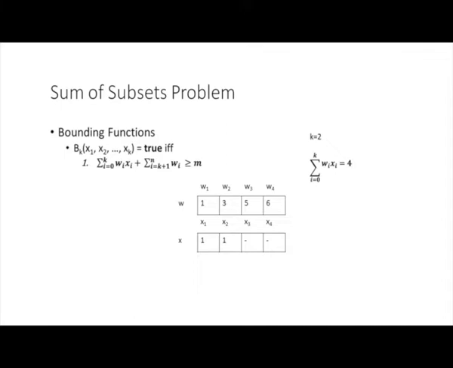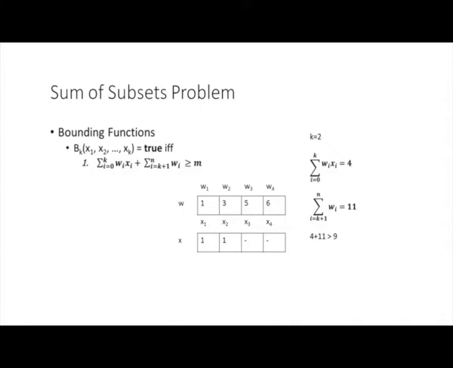So, the sum of the weights so far from 0 to k is 4, because 3 plus 1 is equal to 4, plus this summation, which is the sum of all the remaining weights, from k plus 1 to n, which is equal to 11 in this case, has to be greater than or equal to m.